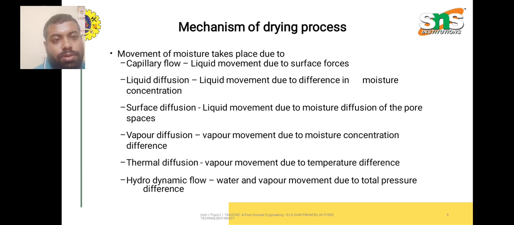As for surface diffusion, the liquid movement is due to moisture diffusion on the pore surfaces or pore spaces. For vapor diffusion, the movement is by vapor and it is due to moisture concentration difference. For thermal diffusion, vapor movement is due to difference in temperature. And for hydrodynamic flow difference, the water and vapor movement is due to total pressure difference. These are some of the mechanisms of drying process in which movement of moisture takes place.